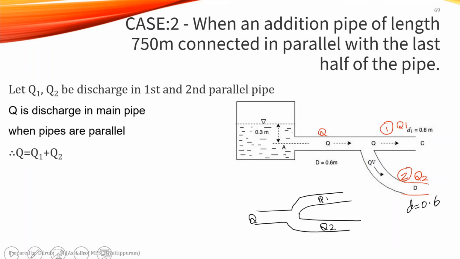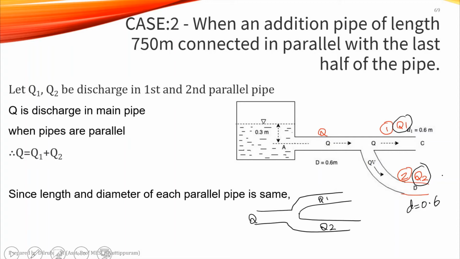Since the length and diameter of each parallel pipe are same, we can write Q1 will be equal to Q2. So when we substitute Q1 equal to Q2, this equation will become Q is equal to Q1 plus Q1.